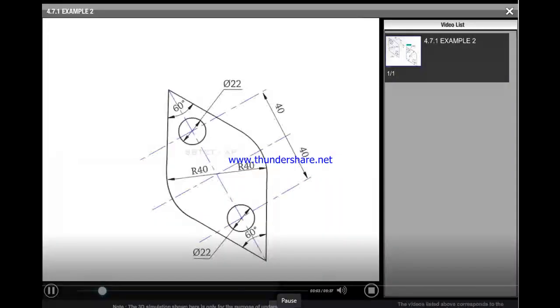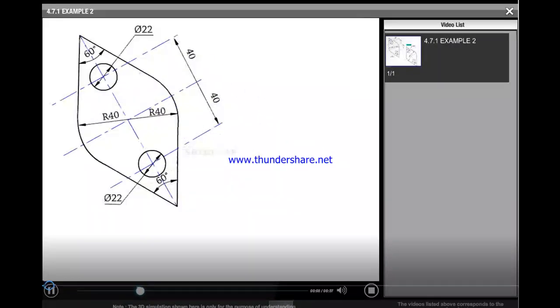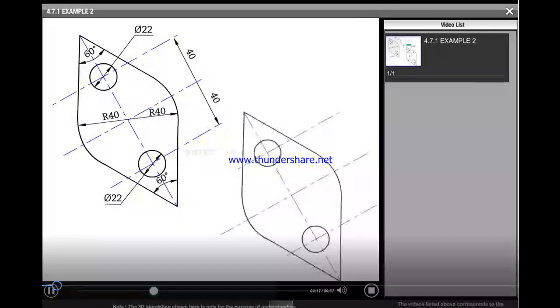The dimensions are to be printed neatly as per the norm. All the dimensions are to be shown, except as noted. Represent the dimensions in an aligned manner.